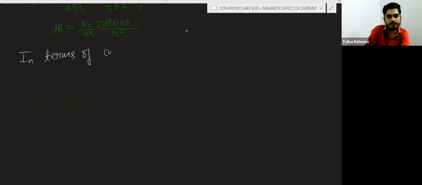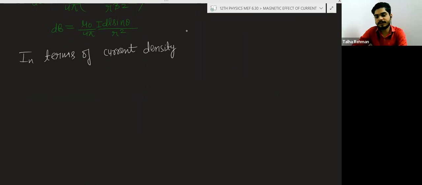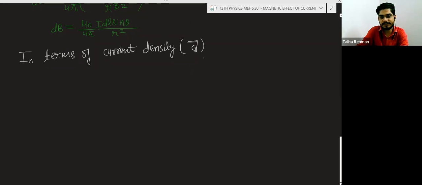When we were discussing current electricity, we discussed current density, which is represented by capital J. This current density is the current divided by area. If anyone remembers, current per unit area is the current density.